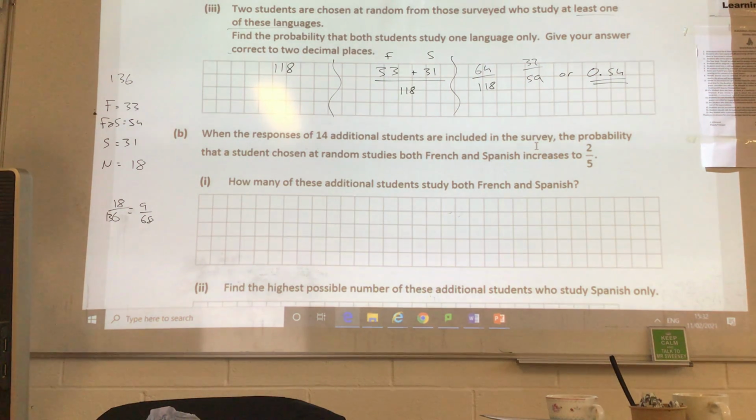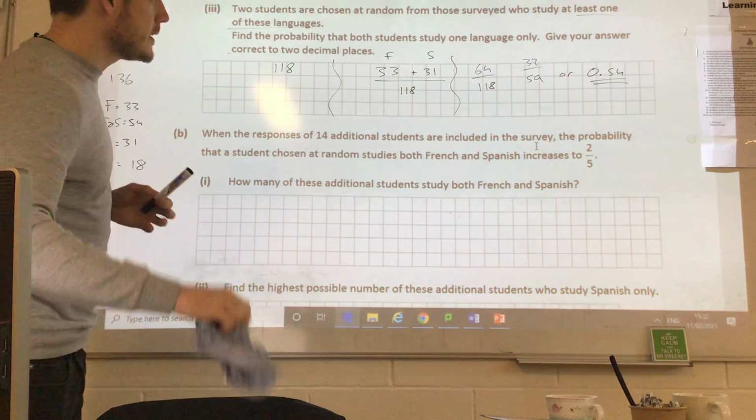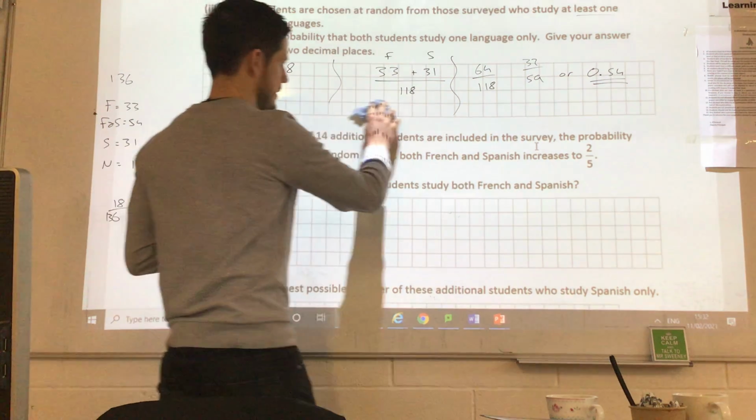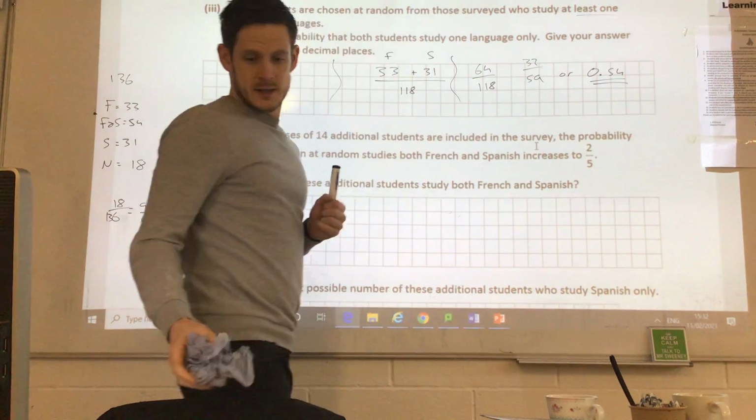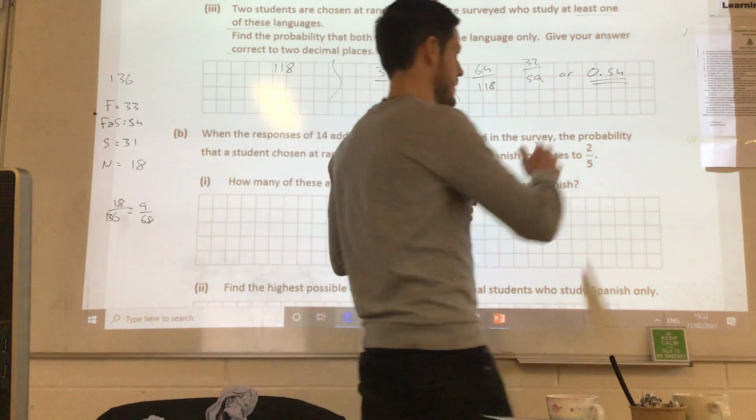Now, here's where things get tricky. It says 2 students are chosen at random who study at least one of these languages. Find the probability that both students study one language. We know the probability of the first student studying one language is this. What about the second student?